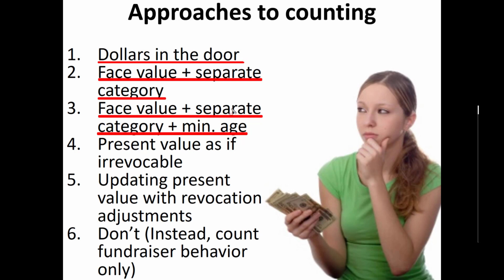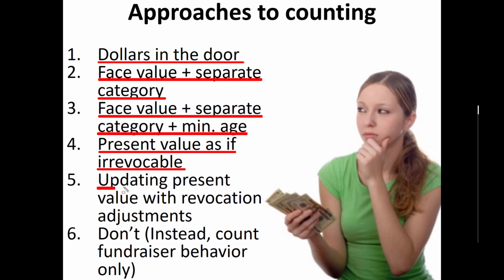Just put it in a separate category, but say, hey, look, if you're in your 30s or 40s, we're not going to count these things because that takes too long. Maybe you've got to be at least 65, right? That's another strategy. We're going to look at the approach of using the present value of the gift as if it were irrevocable. In other words, we do know how to value these gifts if they're irrevocable. So let's just count them as if they're irrevocable.